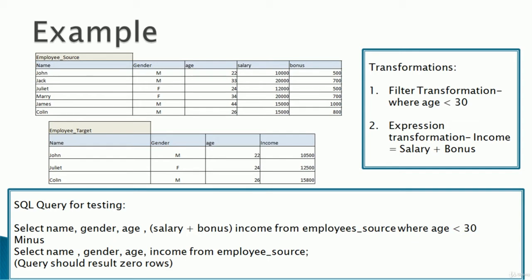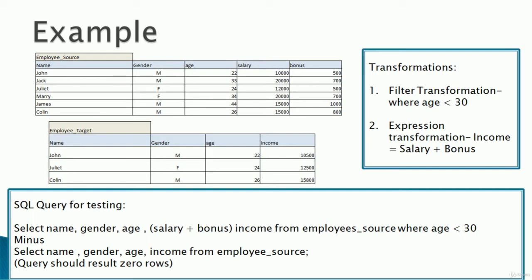Now if we want to test if the correct data is loaded, all the records are loaded to the target and the income is calculated properly, then we will use the minus operator here. Select name, gender, age, and salary plus bonus as income from employee source where age is less than 30.